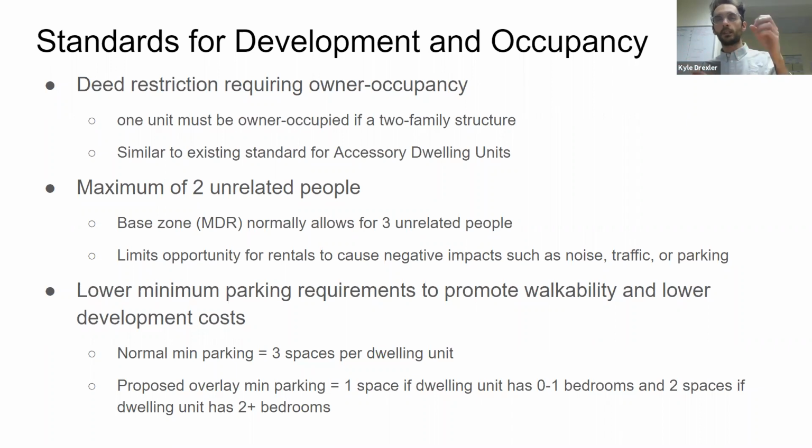So maybe you have a brother and sister, that counts as 1. And then you have 2 other people that they know. So you have 4 people in the house, but 3 unrelated people still. So the standard though for the overlay district would be reducing that number to 2 unrelated people.